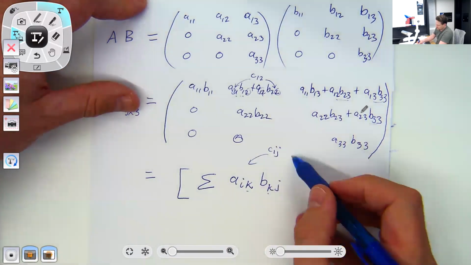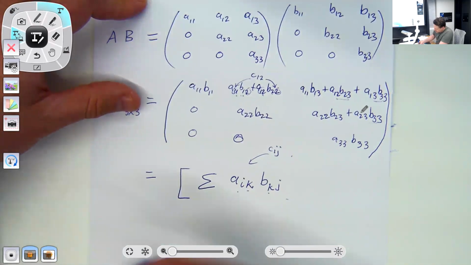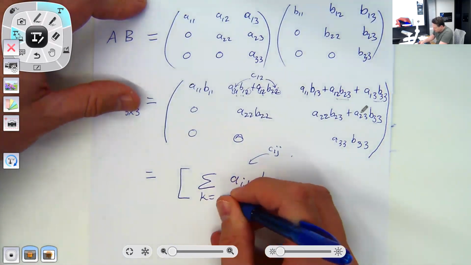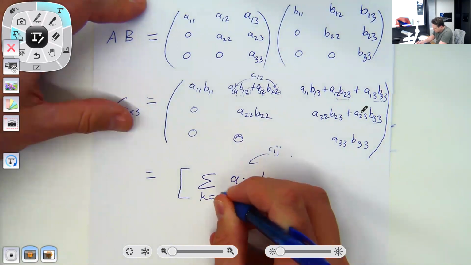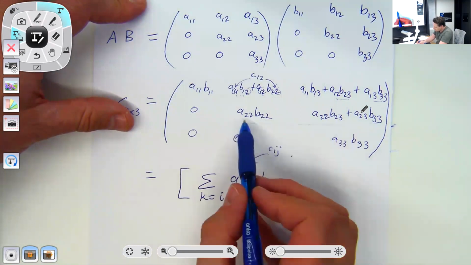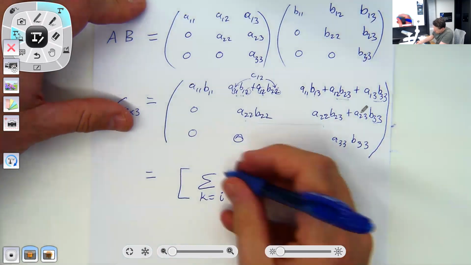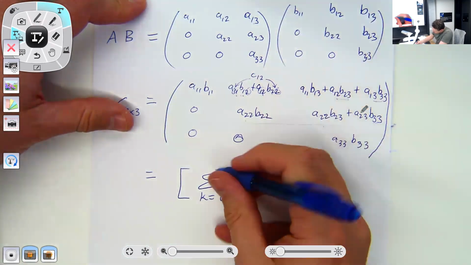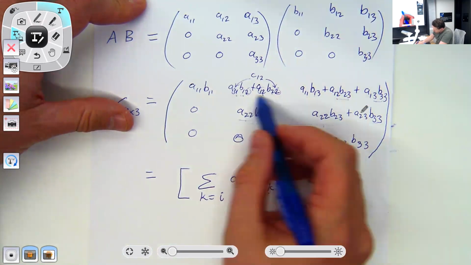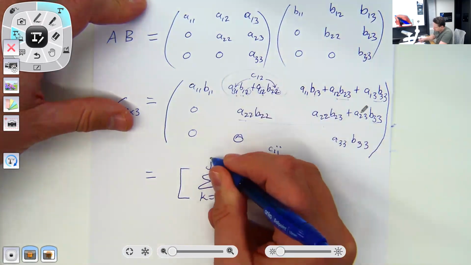So the I and the J are that one and that one. Okay, so where do we start? We begin with K equals I, and that's true there. Now I here is 2, so we're starting at 2. Where do we finish? Well, we finish at J. So J is the column, and that agrees with this. We stop at 2 there, so here we stop at J.